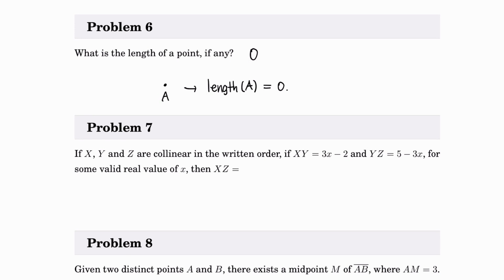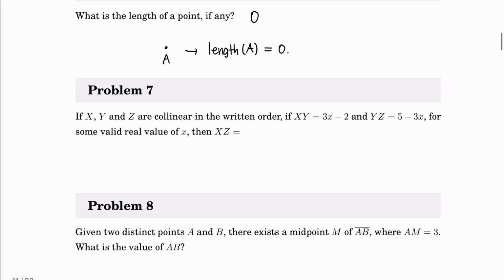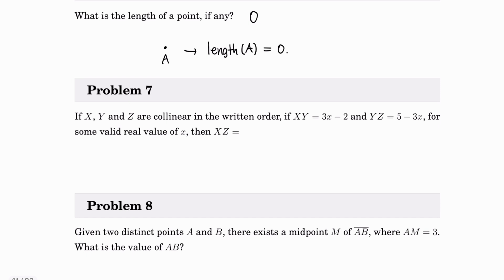Number 7. If x, y, and z are collinear in the written order, so they stay on the same line. Let's draw the picture. X, y, and z. Okay. So there's going to be the length xy. So we have the segment xy.